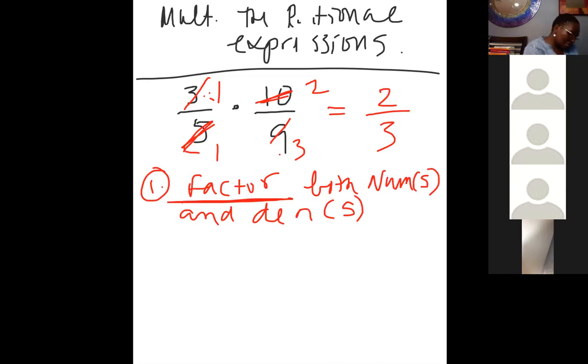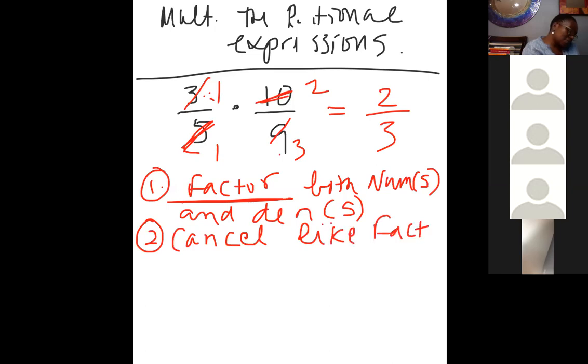Next, number 2, you want to cancel out or simplify out like factors. Just like with the previous section, when you're canceling out like factors, you do 1 in the numerator and 1 in the denominator, in pairs, guys.